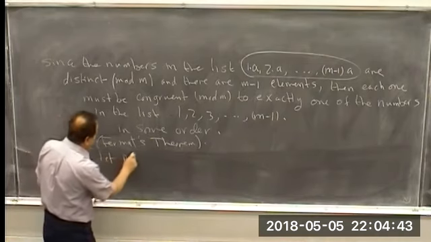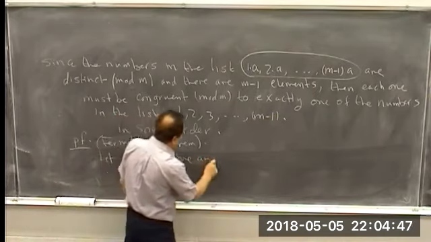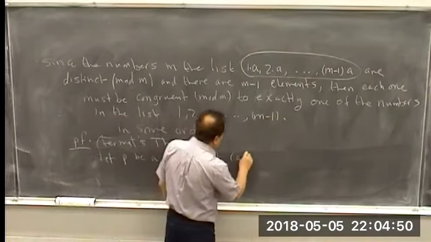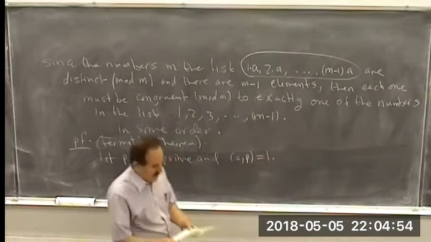Let p be a prime and gcd(a, p) equal to 1. Then by the lemma we have this.